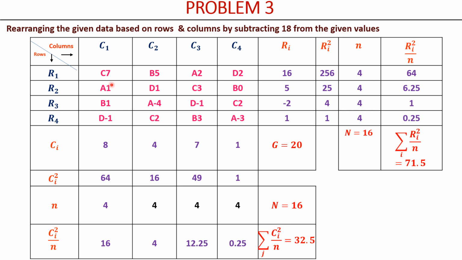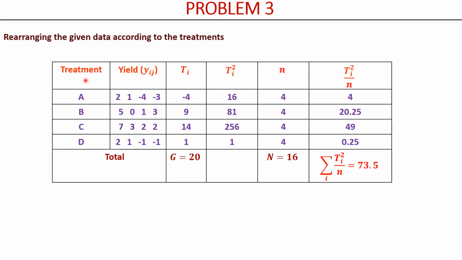Now let's rearrange it based on the treatment. The treatments will be A, B, C, D. If you note, the yield will be 2, 1, minus 4, minus 3 in the first row, 5, 0, 1, and 3 in the second row, and likewise the other two. Let's see how it is done in the next slide. As I said, we are rearranging it for the treatment given.